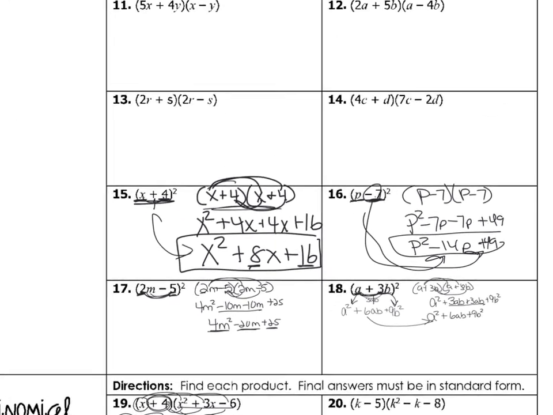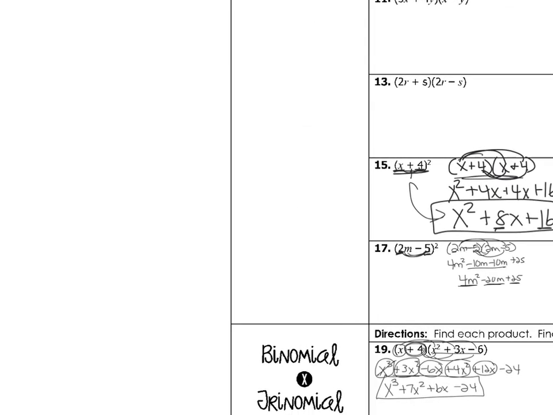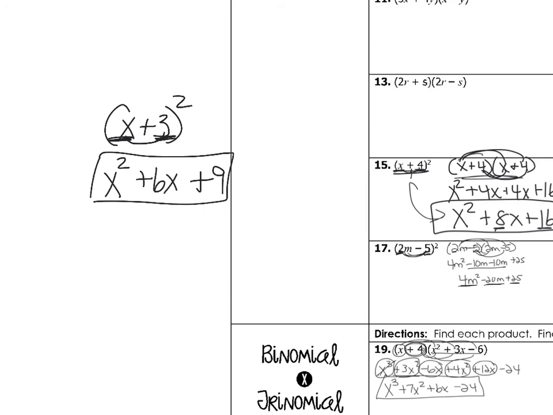Okay? So let me do one more like that. So if I've got x plus 3 squared, I'm going to square the front, so x squared. I'm going to square the back, so that'd be plus 9. Then I'm going to do 3 times x is 3x, and then double it, so times 2, so it'd be 6x. Okay? So that's going to be your answer.